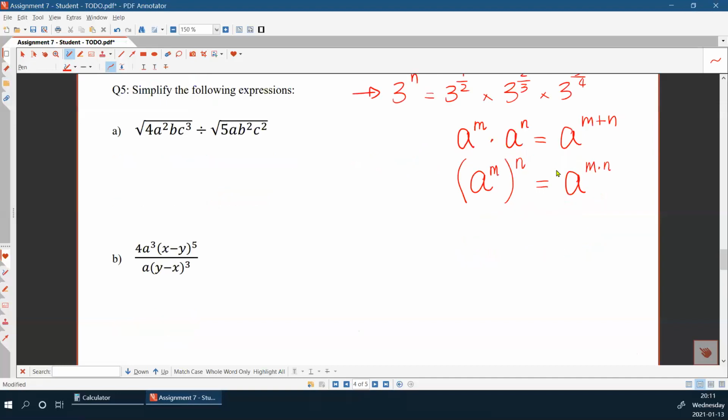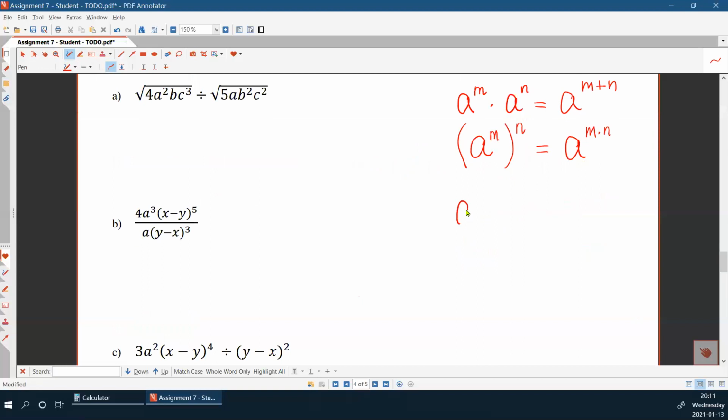And also, if you want to expand this, a to the m power divided by a to the n power. What is the result here? All right. Okay, write this here. Remember the brackets.